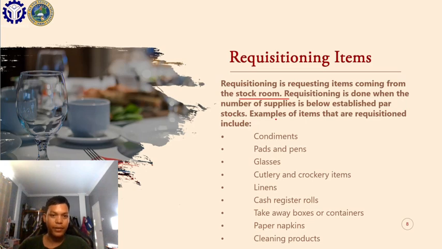Examples of items that are requested include condiments, pots and pans, glasses, cutlery and crockery items, linens, cash register rolls, takeaway boxes or containers, paper napkins, and cleaning products. So you will requisition items, or request certain items, if there is not enough.